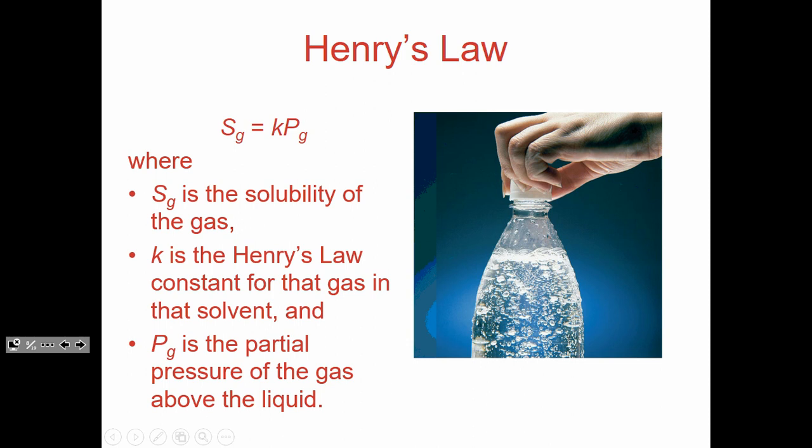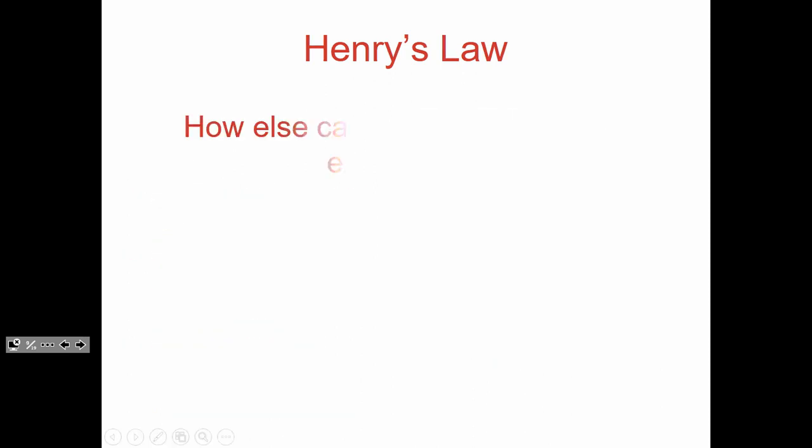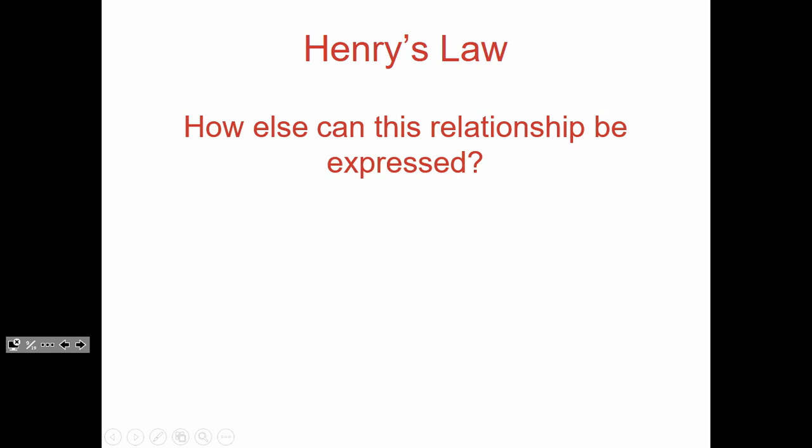So you should be able to use Henry's law in this case, as well as if we solve for k and look at changes, we can look at it in this form, like any of our other direct proportionalities, Charles' and Gay-Lussac's and Avogadro's laws that we looked at back in the gas law chapter. They always look like this. That's because this is how that k is going to solve. So this is the other form we sometimes use Henry's law in.